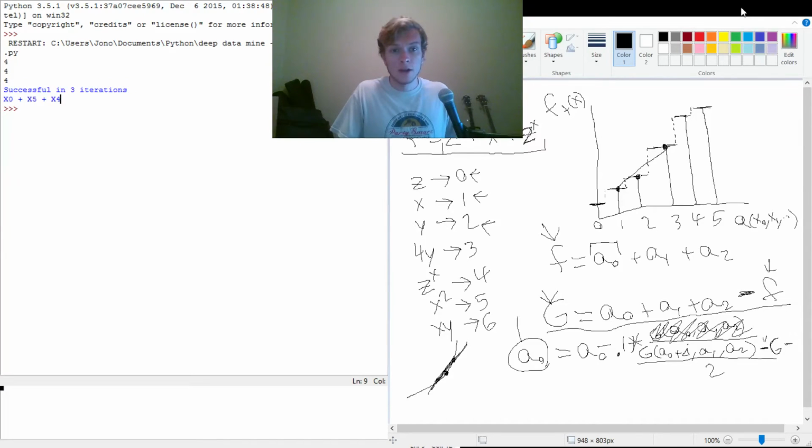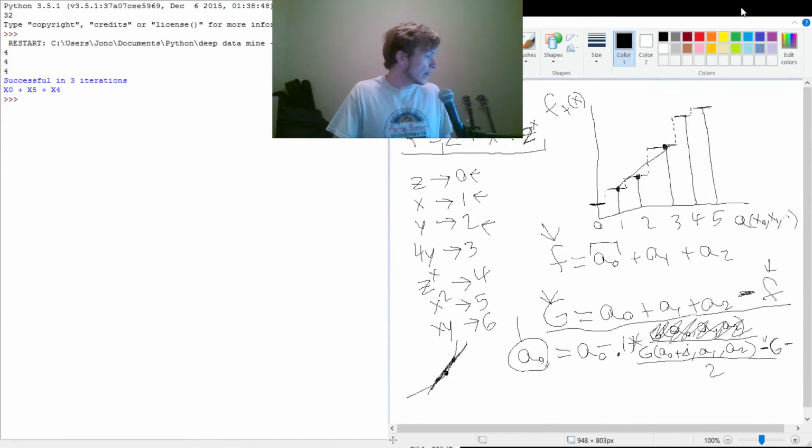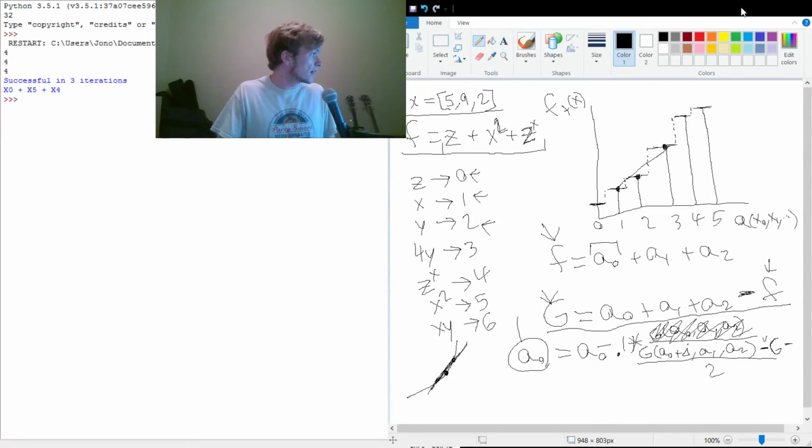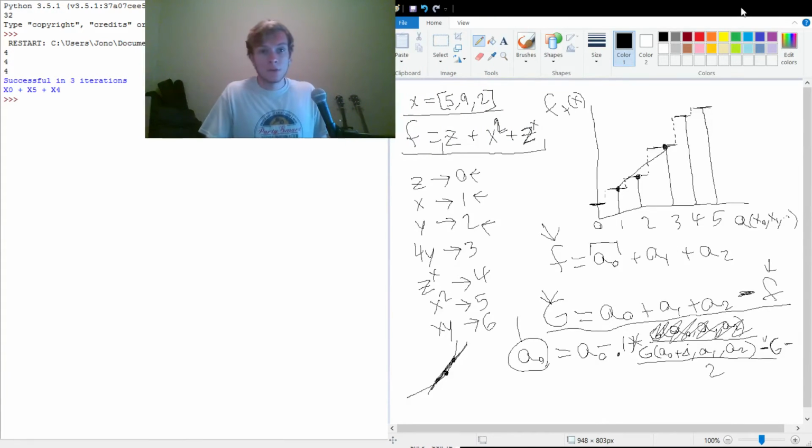If you remember from the paint window, now my face is actually over top of it. Let me see if I can move that slightly to the side. Okay, so that was our function, and it should match up with what we have here. Like I said, I mixed up some of the variables, but it seems that my code is still working, so I'm pretty sure I don't have them mixed up in the code.